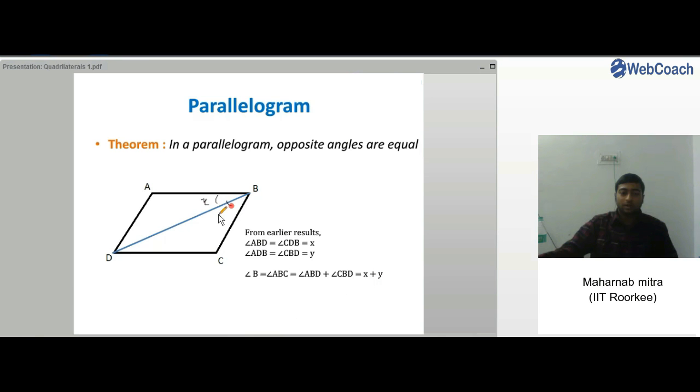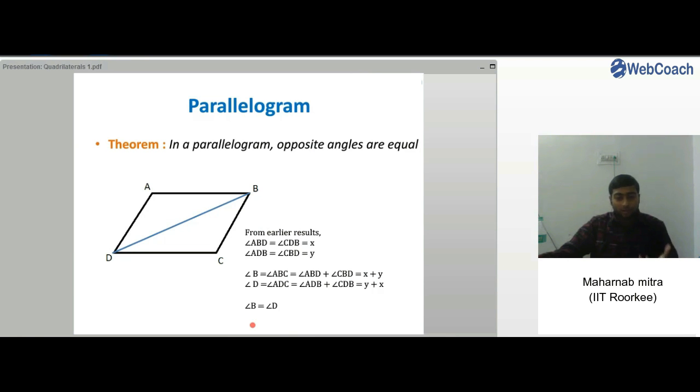So we have written the names of the angles, angle ABD plus angle CBD, which adds up to give angle ABC, which is nothing but angle B. Angle B is x plus y, and similarly we get angle D as y plus x, right? So x plus y must be equal to y plus x. So we have ultimately got angle B must be equal to angle D.